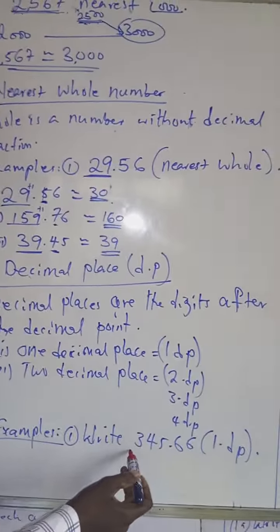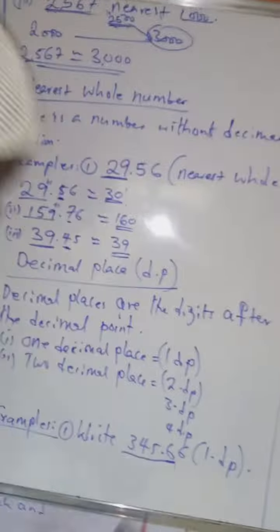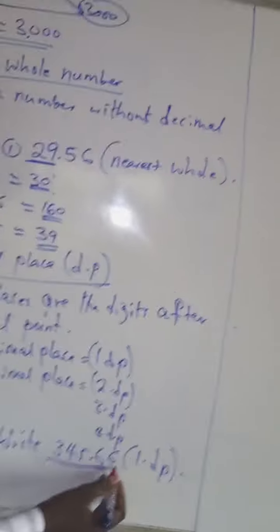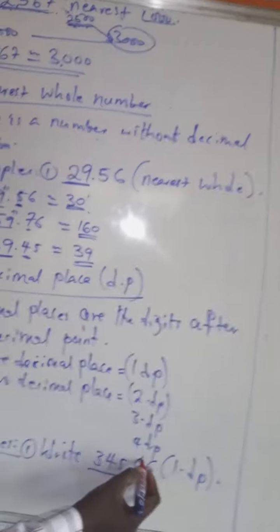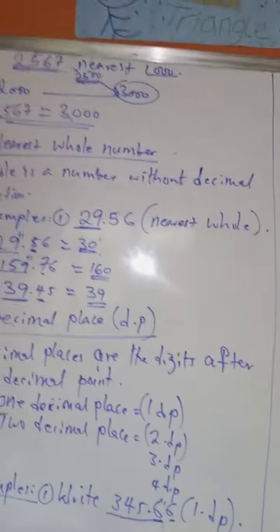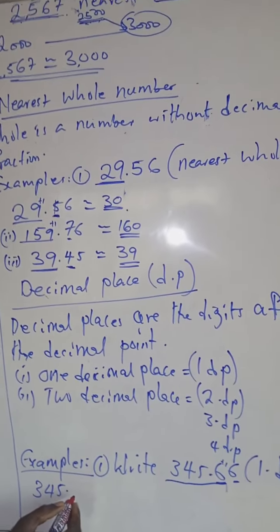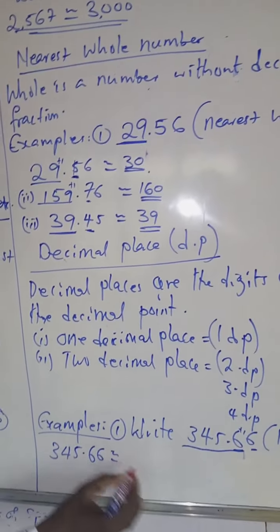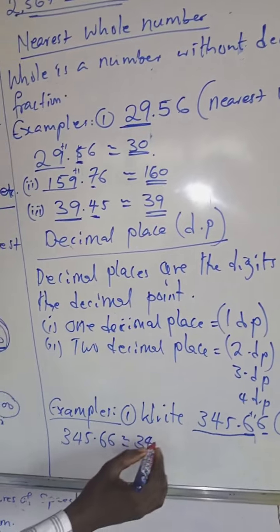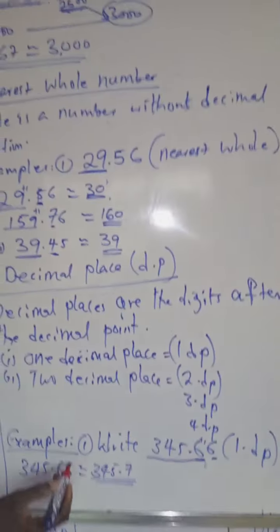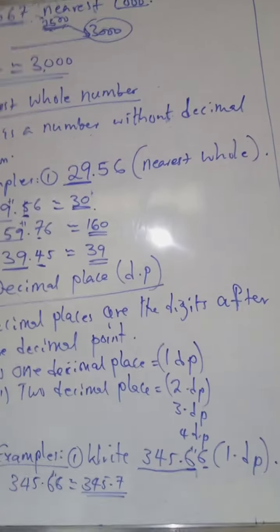Since they say 1 dp, it is just one number after the decimal, but I'll consider the one after it. If it's up to 5, I change it to 1 and add it to the previous one. So 345.66 is approximated equal to 345.7. This one will change to 1 and add to this.